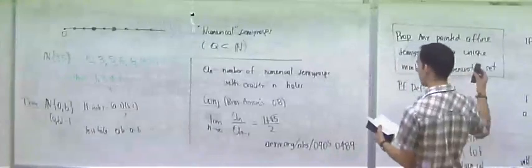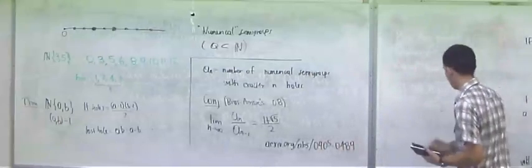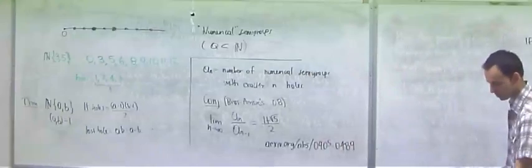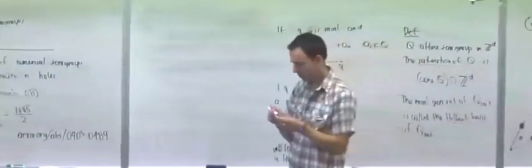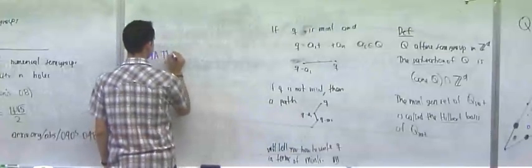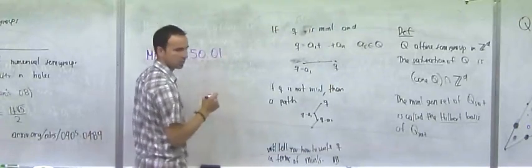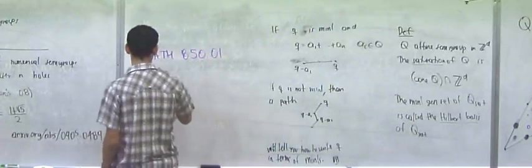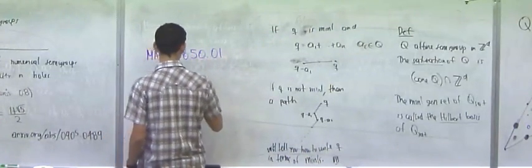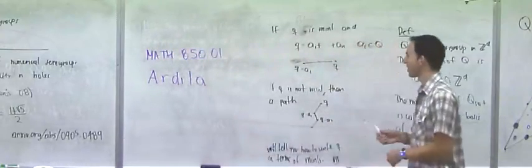I will just write the number of the class, 850-01. What else do you need to know? You probably need to know how to spell my name correctly. Only one L is the most common misspelling.